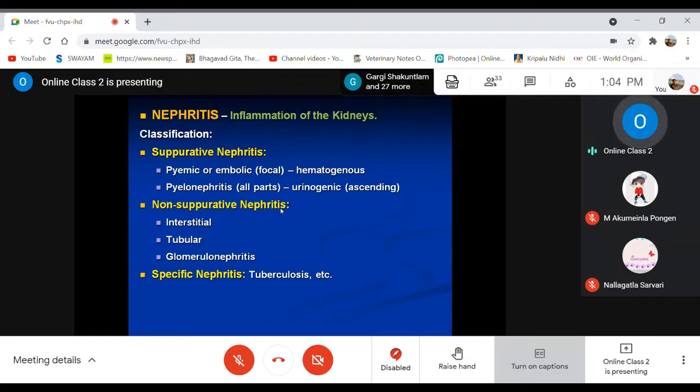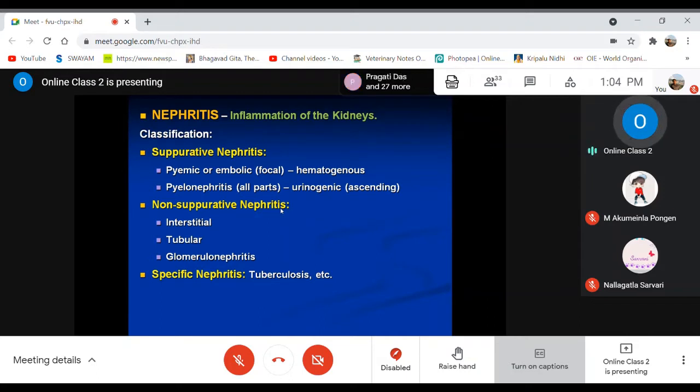Then next is non-suppurative nephritis. Here there is no suppuration, no formation of abscess, right? It can again be classified into three types: interstitial nephritis, tubular nephritis, and glomerulonephritis. From the name itself you must have an idea. The interstitium is the tissue between the tubules in the kidney.